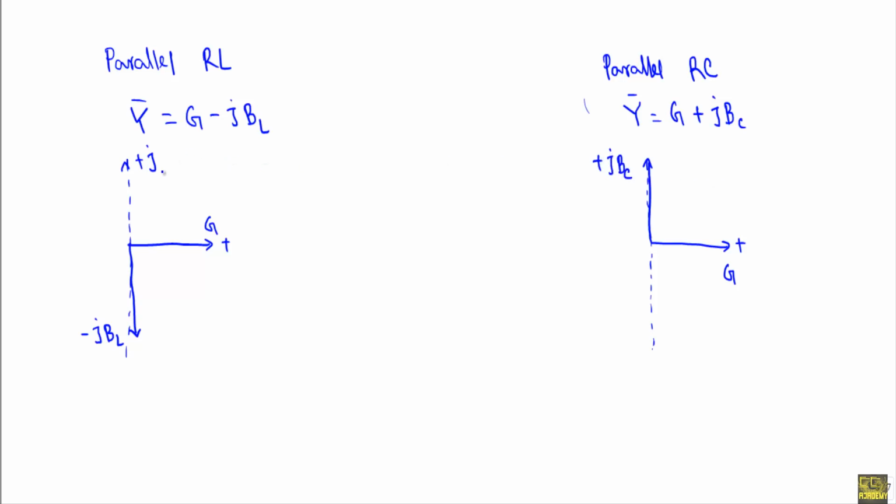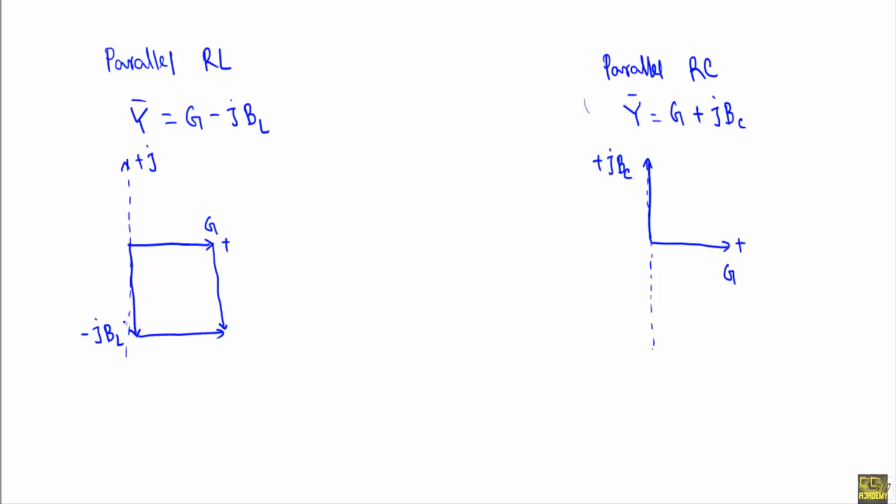Now to draw a parallelogram, we will draw two additional phasor quantities or vectors, one from this point, another from this point.